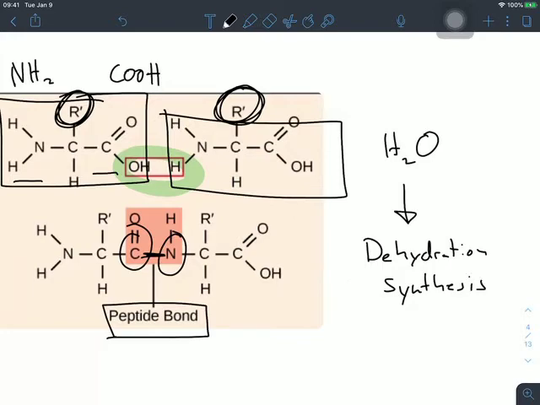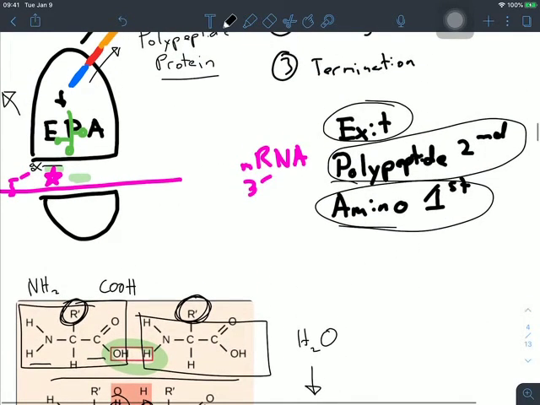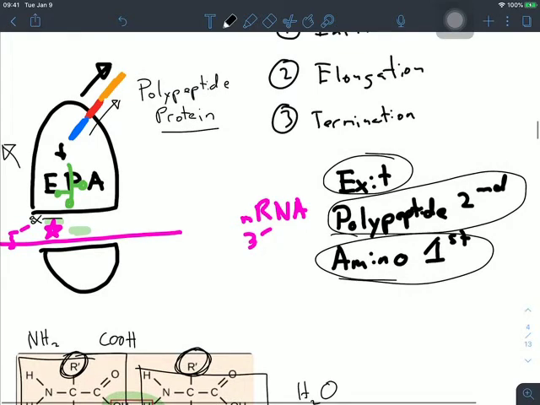You need to remove a water from these two molecules in order to connect them. So the large subunit of the ribosome is actually producing a whole boatload of water the whole time it's assembling the protein. Now, the protein will be assembling out the top end of the polypeptide site, the P site, up until a stop codon is reached.